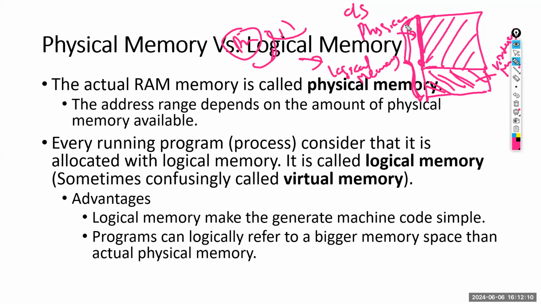But programs look at memory as this much, because they consider both physical memory and virtual memory as logical memory. So we have two types of addresses: the physical memory address, that is the real memory address, and the logical memory address, which covers the entire memory space.